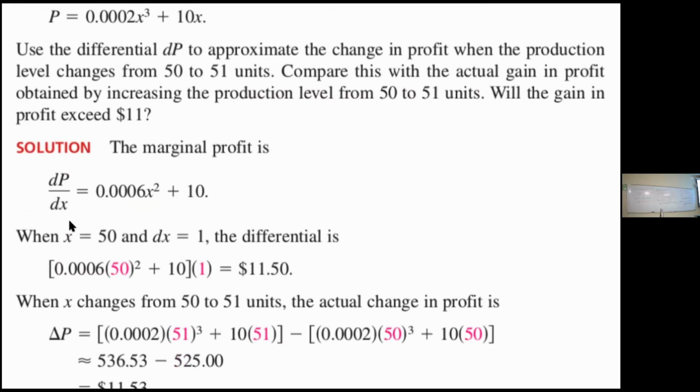So the marginal profit is just this derivative with respect to x of profit. That's what we calculated right here. Everything's looking good so far. We said that x is equal to 50. Okay, looking good still. We said that dx can be approximated with 1. And we got $11.50 just like they did.